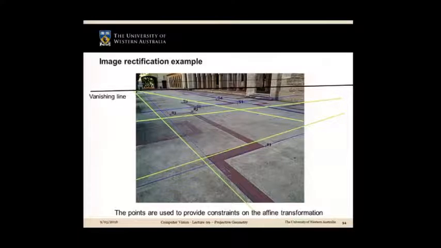Okay, so before going into the details of calculating the image rectification, I would like to discuss an example. I believe most of you are already aware of this area. You know this area, right? And what we are trying to do is recover the shape here on the floor, which is a square, right?